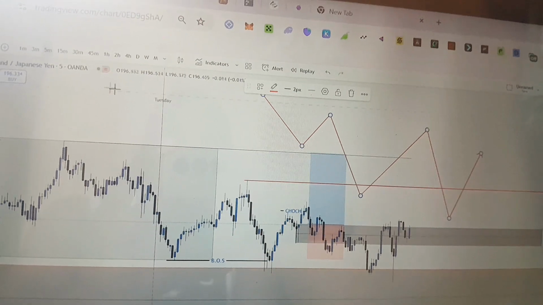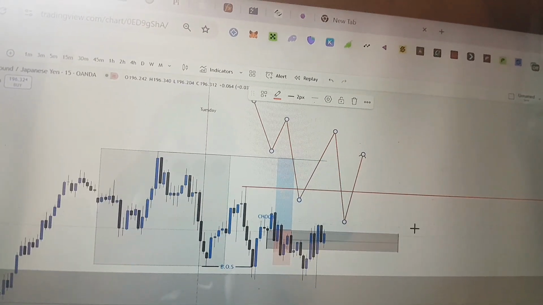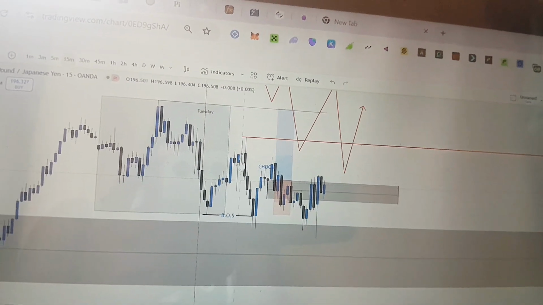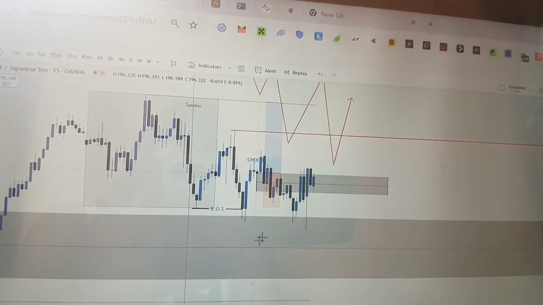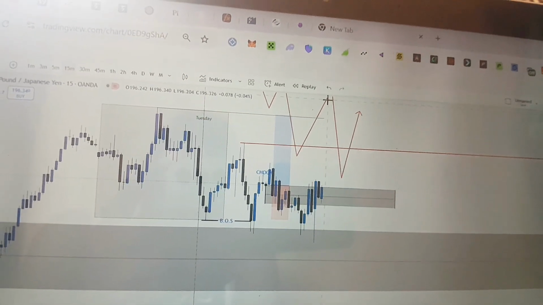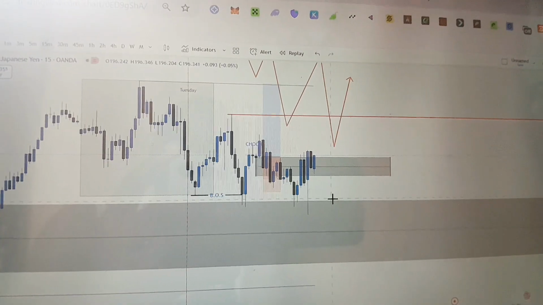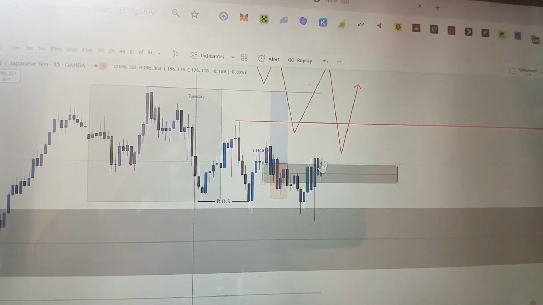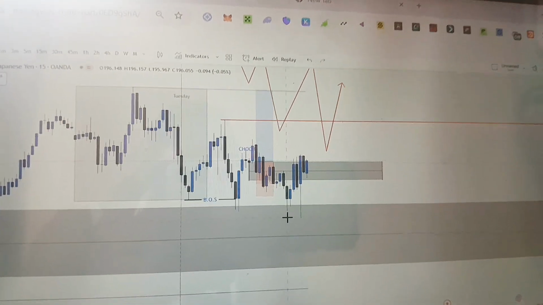If you go to 15 minutes, you will see that this was the push. This was the zone that pushed the market to come down to this zone. So I was supposed to wait on this 15 minutes for it to break back up, break this high. Then I would know that the market has finally broken to the upside and is ready to push up. But I did not wait.